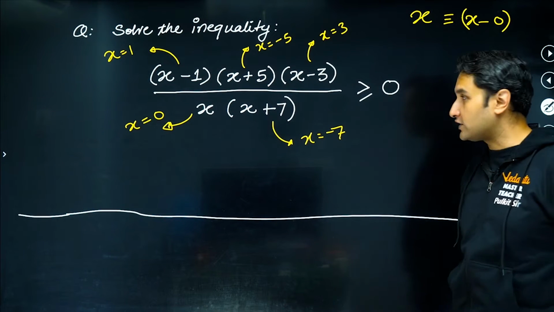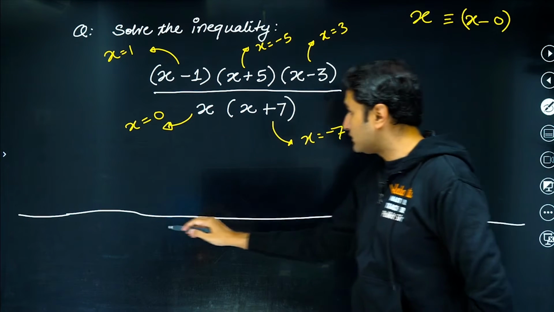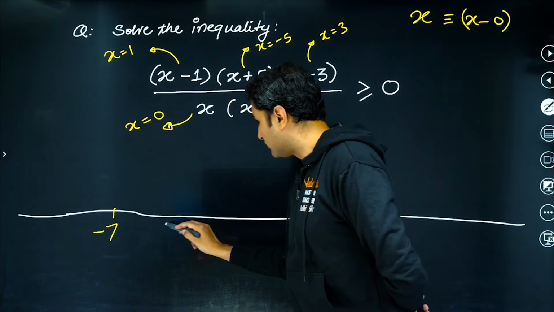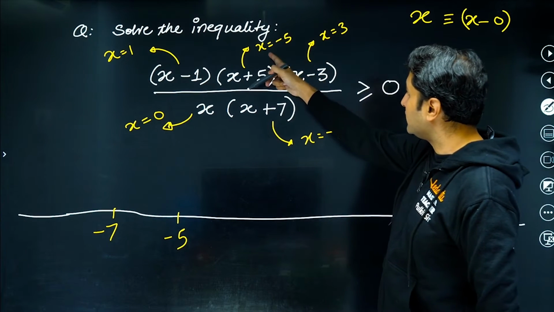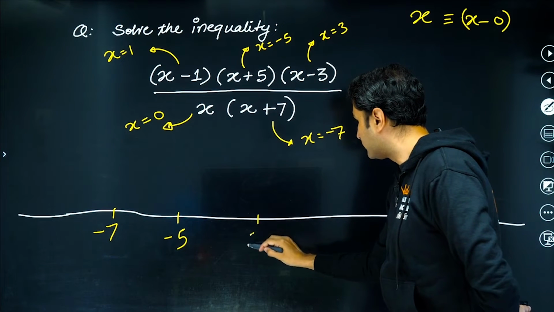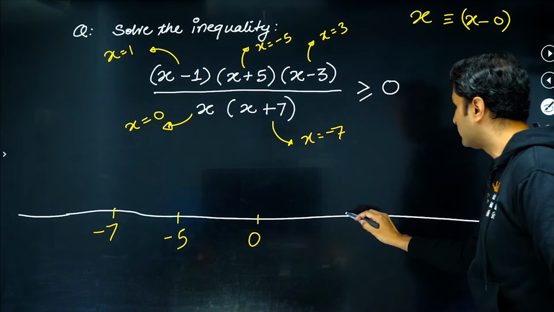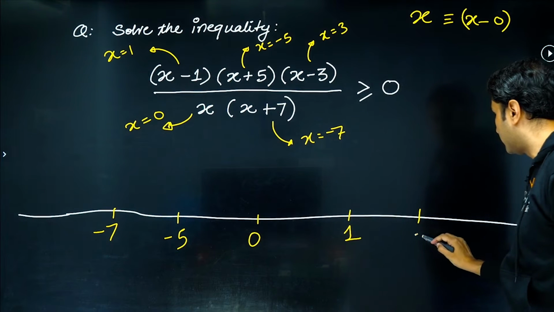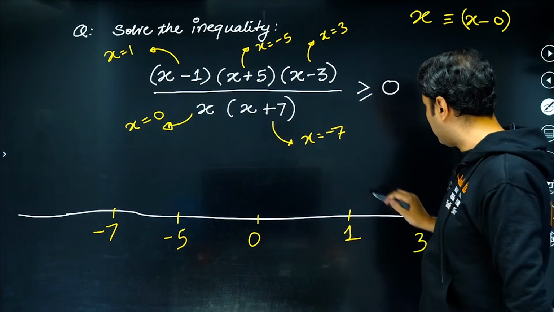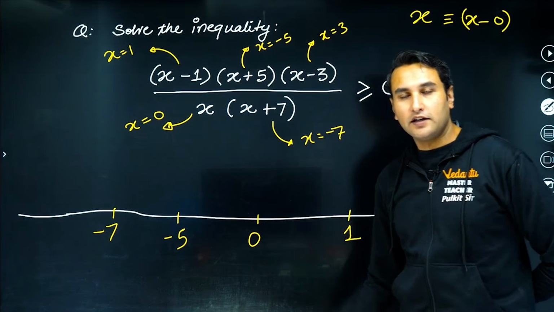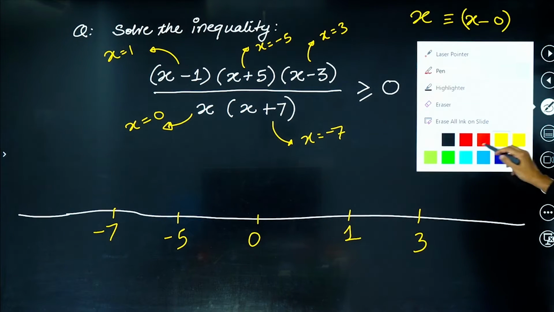Plot them, I am sure all of you must have plotted it. Smallest one is minus 7, minus 5, 0, 1, 3. Alright? 1, 2, 3, 4, 5 roots. Next step, the train.